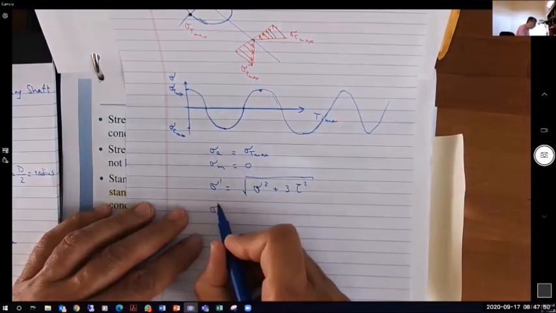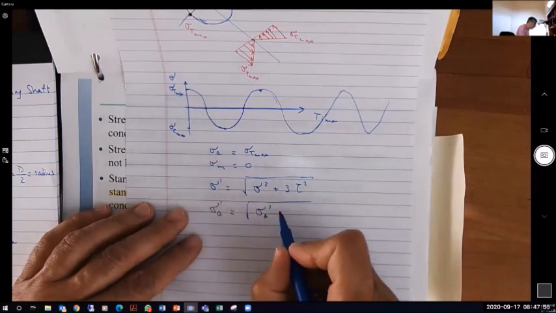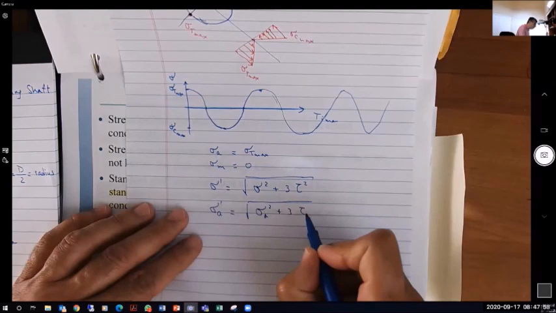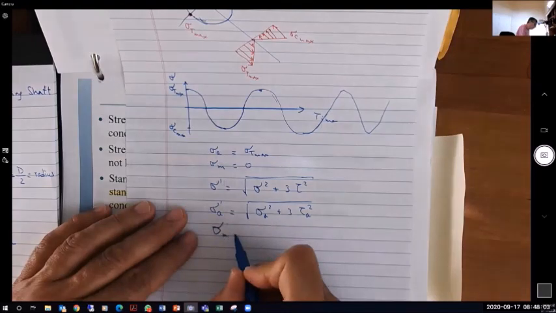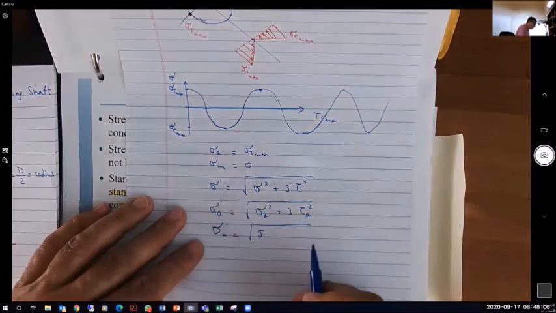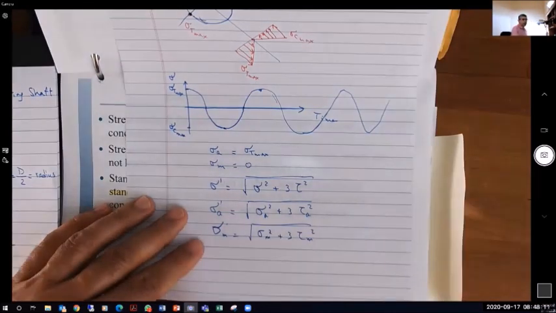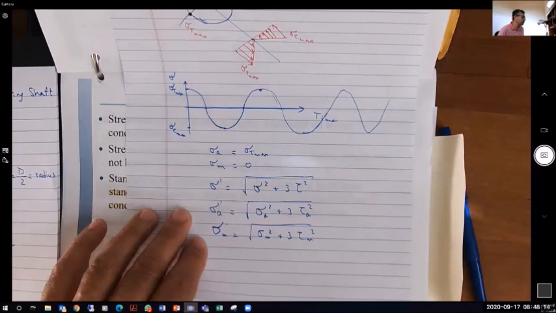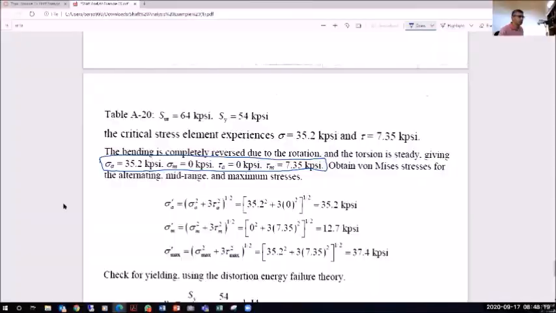First time to find sigma prime A, so I put the alternating stress here: sigma A squared plus 3 tau A squared. Then I apply it another time to find sigma prime M: the square root of sigma M squared plus 3 tau M squared. With the same token, we can also find a sigma prime max.